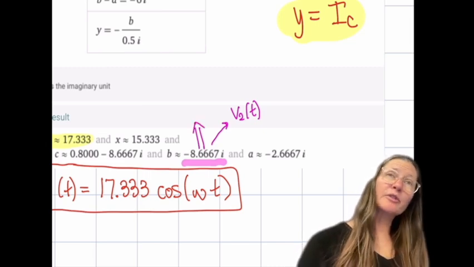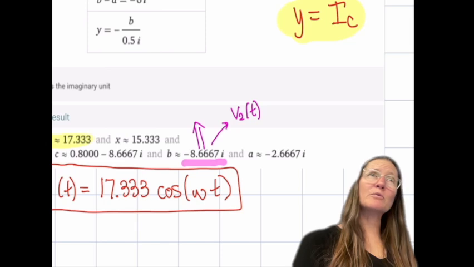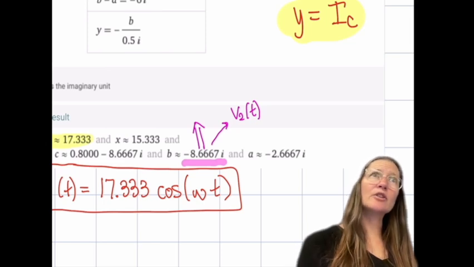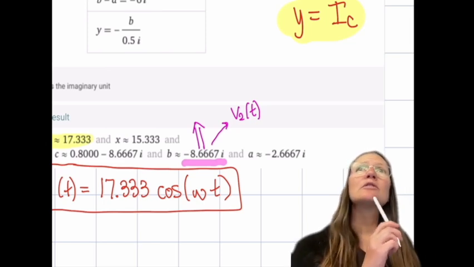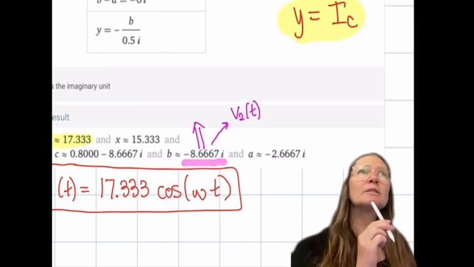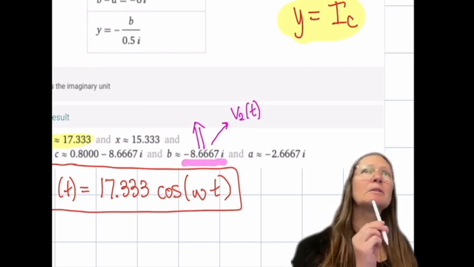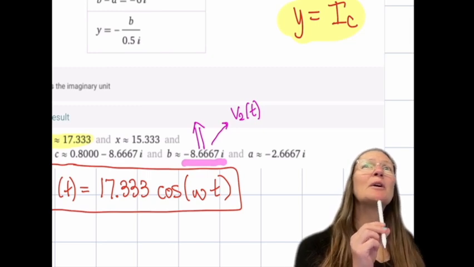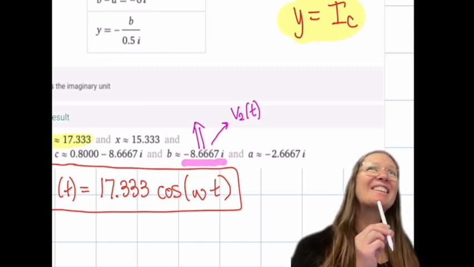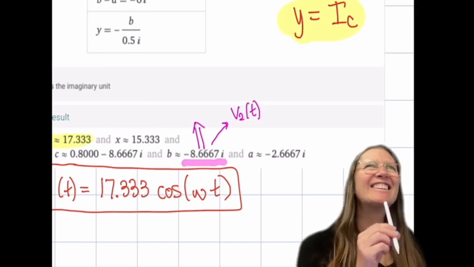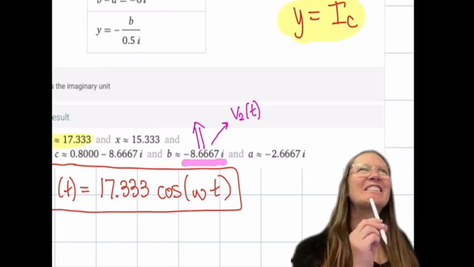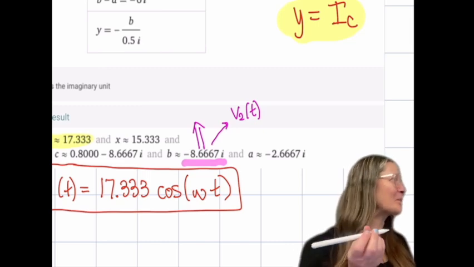So I guess the first step here would be, to what form do I need to get? This is in Cartesian. So what form do I need? And you need what? I can't hear you. Polar. Thank you, polar. So we need polar.